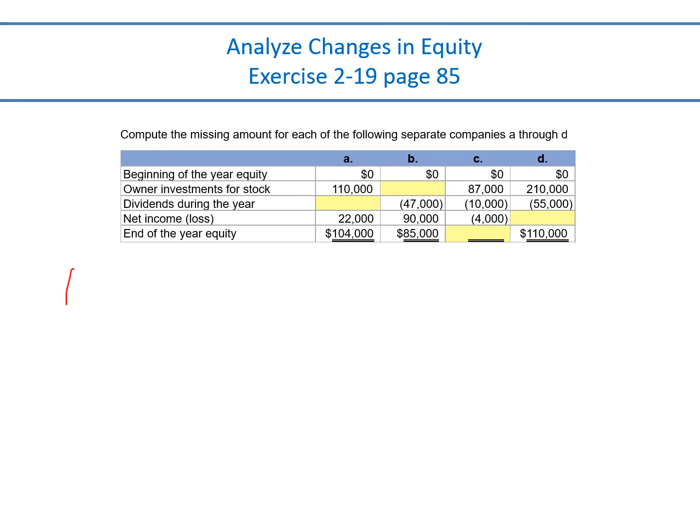So we have 110 plus X plus 22 equals 104.